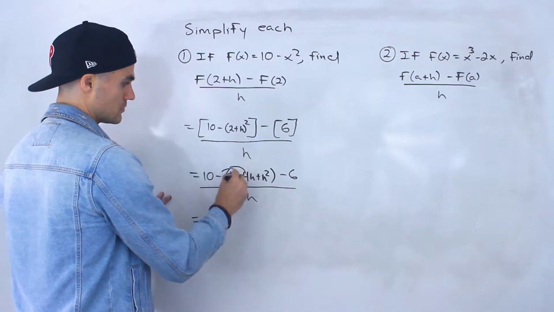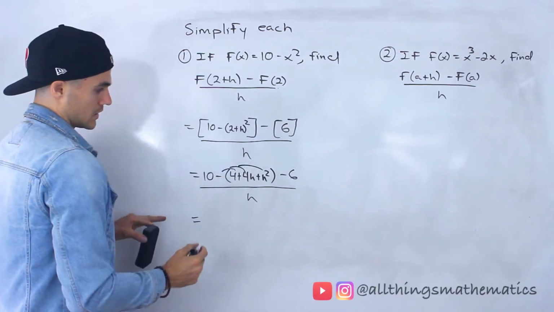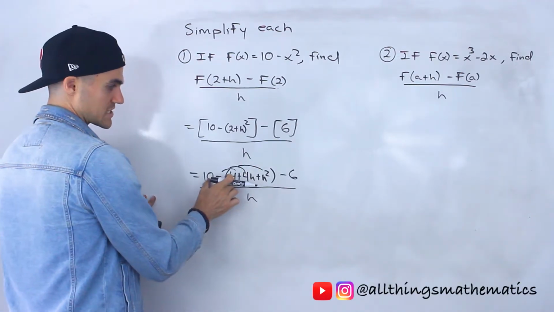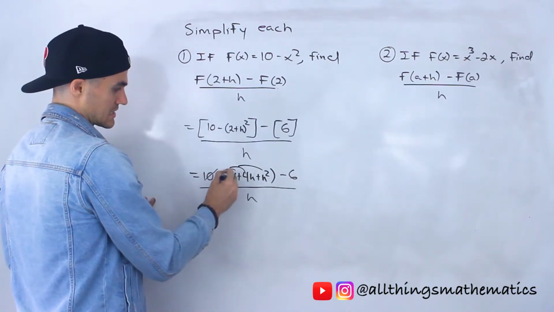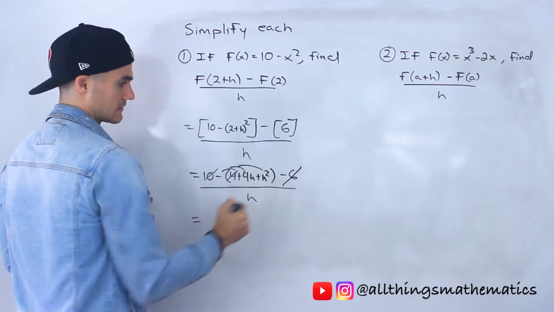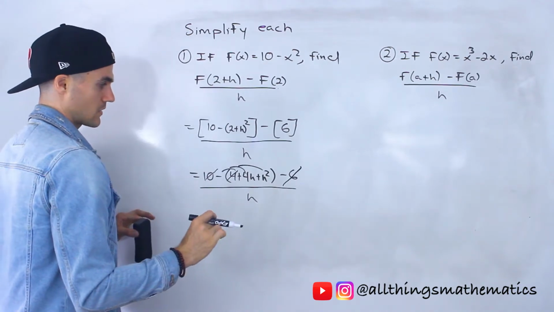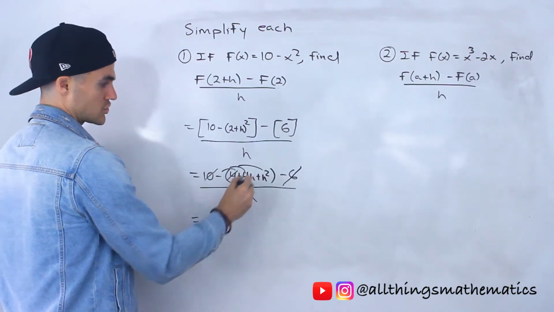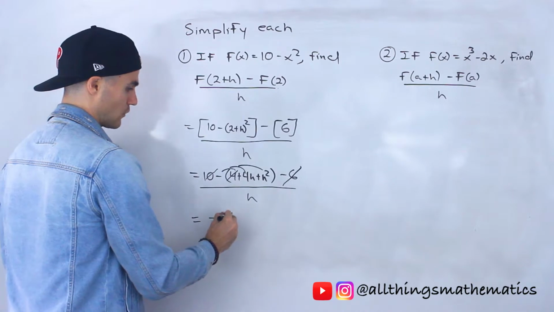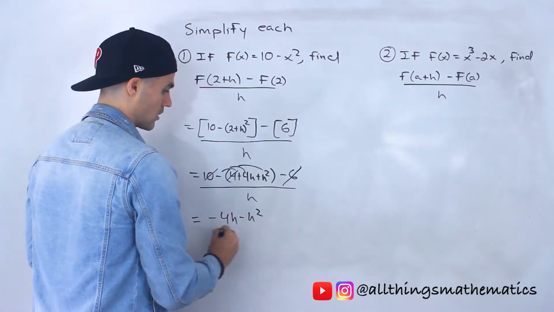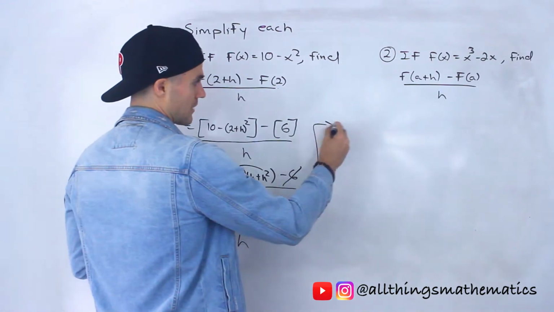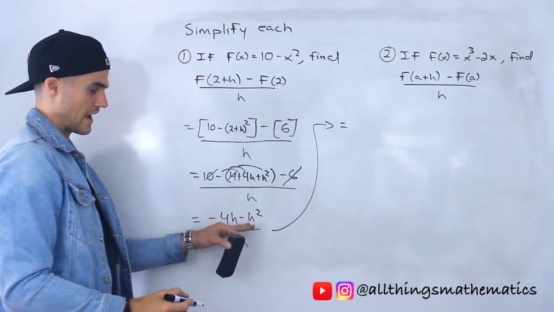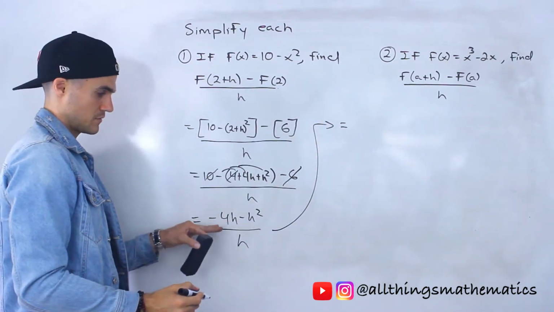And then we just have to simplify this here. So if we distribute the negative inside, notice we'll have 10 minus 4, which is 6, minus 6. So this and that net out to 0. And then we'll have negative 4h minus h squared. So we'll have negative 4h minus h squared all over h. And then notice that we could simplify this further. We could factor out an h from the top.